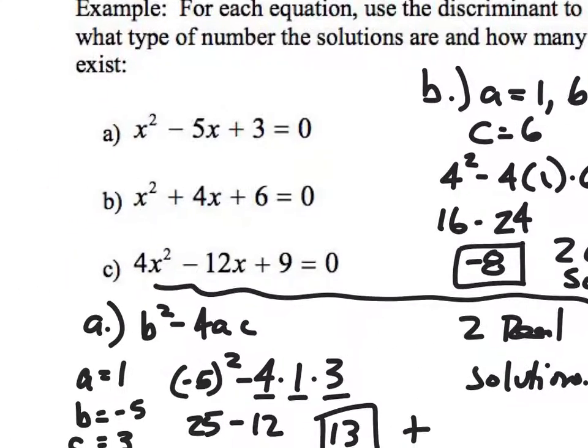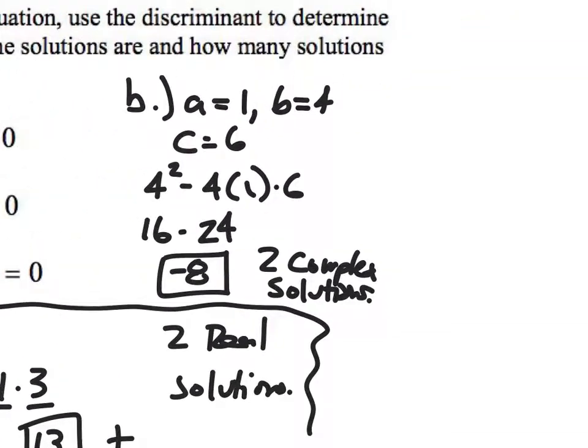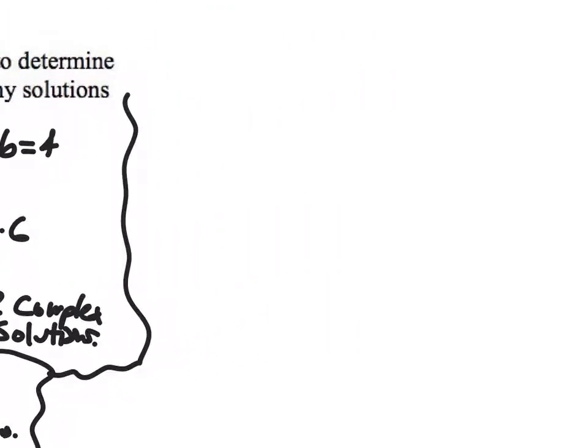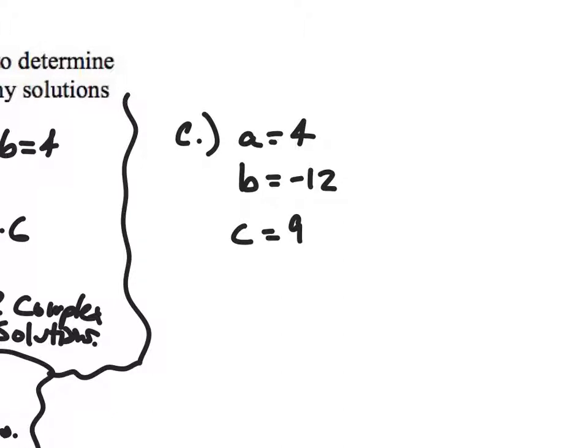In part C, let me box this off here. Sorry, getting all jumbled. I've got that my a value is 4, b value is negative 12, and my c value is 9. Plugging that into my discriminant b squared minus 4ac, I'm going to take negative 12 squared minus 4 times 4 times 9.